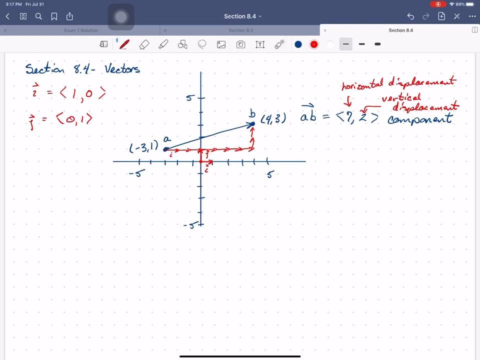So we can also write vector AB as 7I plus 3J. And those are vectors, so we put little directional arrows over them. This is also a component form.